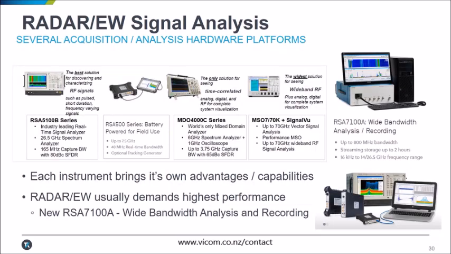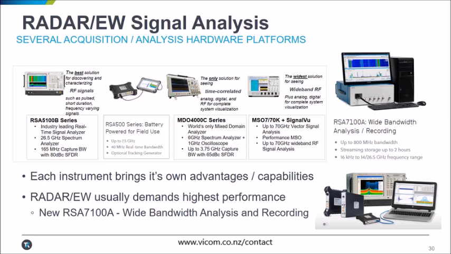Tektronix has been providing radar analysis tools for over 70 years, since we have been in business. So we know radar. And with the introduction of the new real-time spectrum analyzer, the RSA 7100 series, we now provide not only analysis up to 800 MHz bandwidth, but also real-time capture of up to 2 hours and full radar pulse parameter analysis.